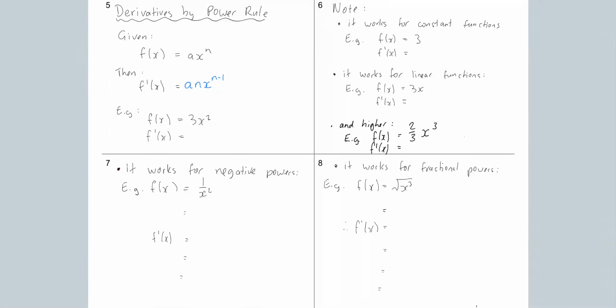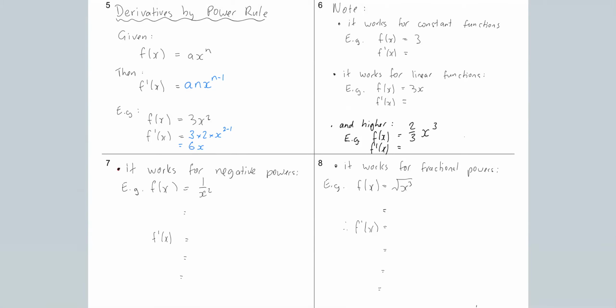We're still looking at the first slide there, the first quarter. If we have f of x equals 3x squared, then the 3 stays there. We multiply it by 2, and then we multiply it by x, and we subtract 1 from the power. So it's 2 minus 1. And so we end up with 6x to the power of 1, and we don't bother writing the 1 in, because anything to the power of 1 is just itself.